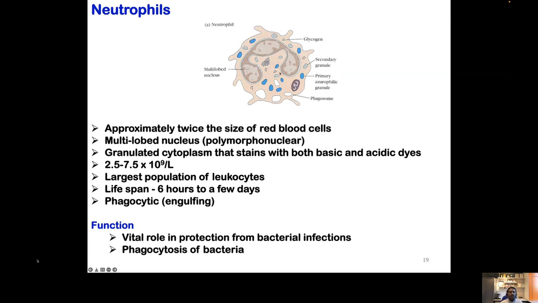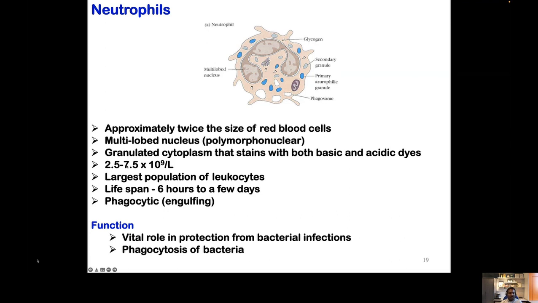These granules contain lots of different molecules, particularly lysosome enzymes, in order to capture the invading pathogens and lyse them. When you stain under the microscope, you can stain these cells with both basic dyes and acidic dyes. That's why they are called neutrophils, which means they can accept both acidic dyes and basic dyes.